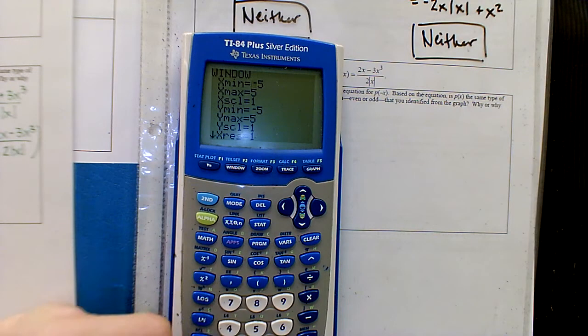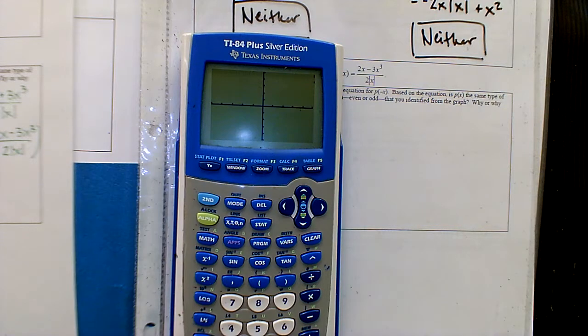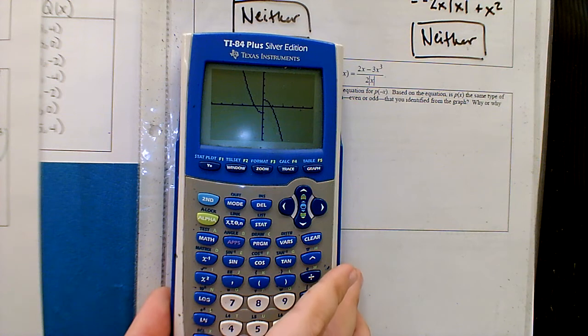Let's go ahead. I think our window is the same, right? Negative 5 to positive 5. So we'll go ahead and hit graph. Does that look about right? Do we need calculator help?